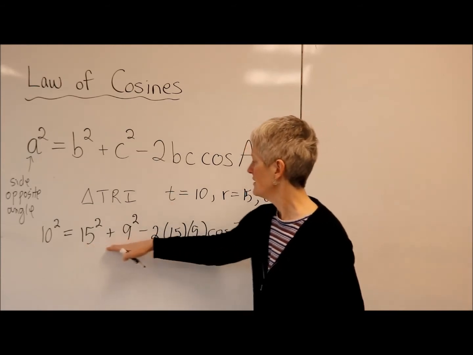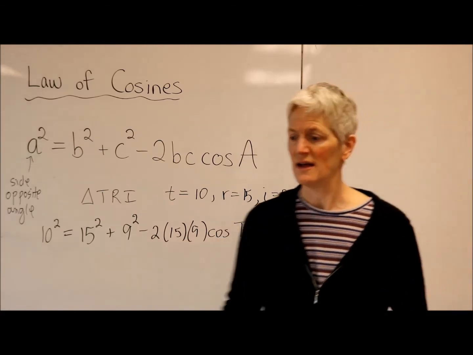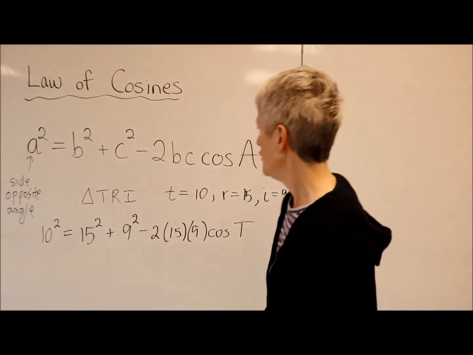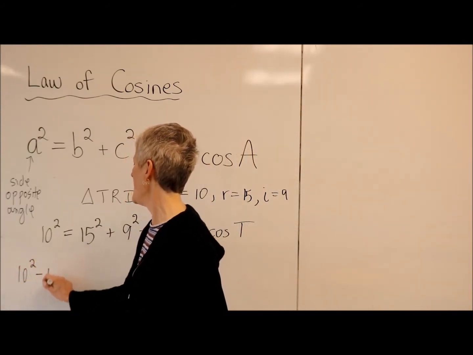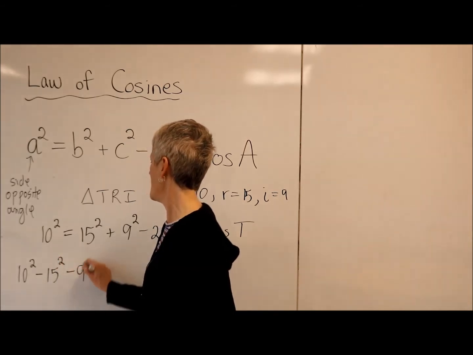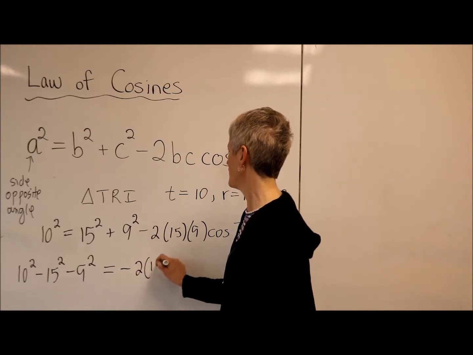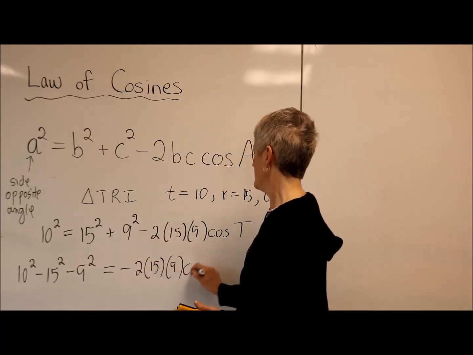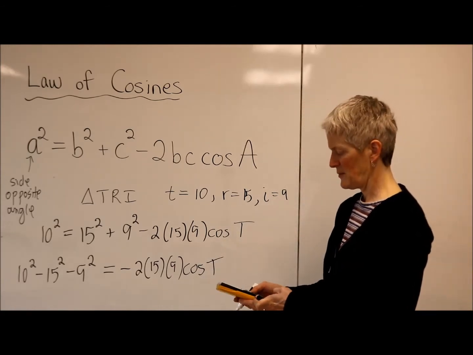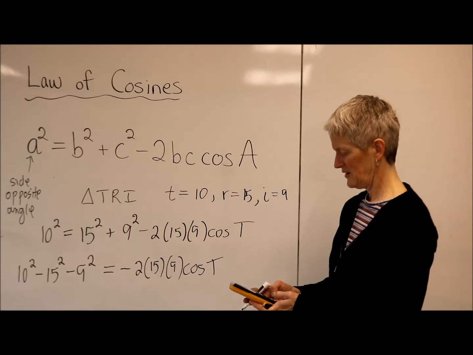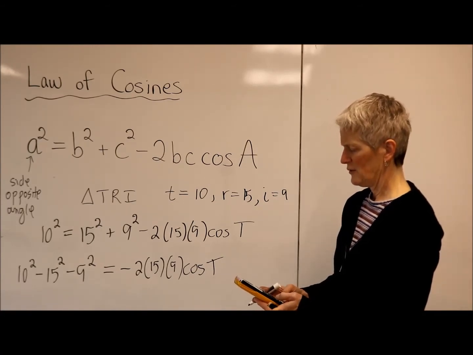You can add these, but you cannot then subtract this because this is multiplied by the cosine of T. So what I'm going to do is I'm just going to subtract these away and say that's 10 squared minus 15 squared minus 9 squared equals all of that, just so I'm not tempted to break the order of operations. Okay, grab your calculators, everybody. Check my calculations. And of course, you don't have to write all of that out.